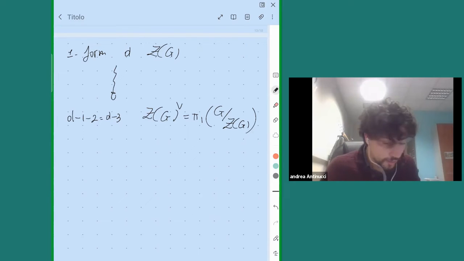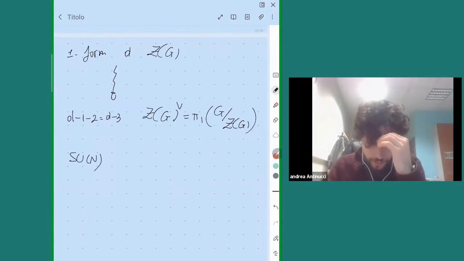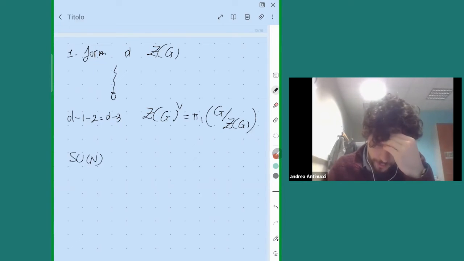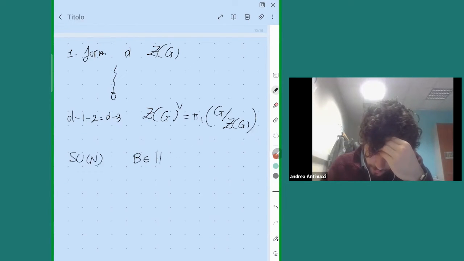So okay, very good. In going from SU(N) to PSU(N), going from a simply connected group to a non-simply connected one in 4 dimensions, you can also do a slightly different thing. Let me do it in the case of SU(N). As I told you, to do this, you have to introduce a gauge field. Let me change a bit the notation, let me call it B. Let's say we are in 4 dimensions here.